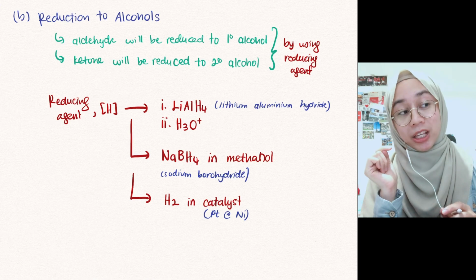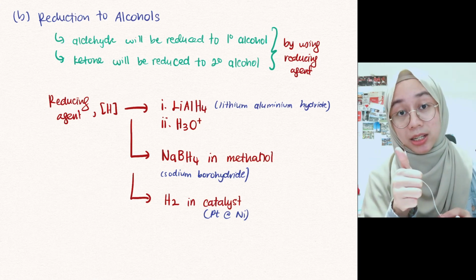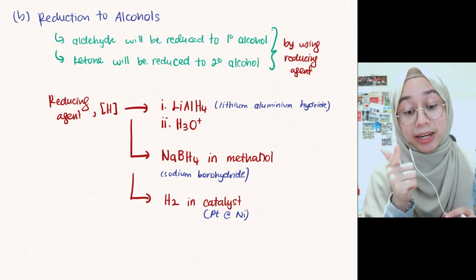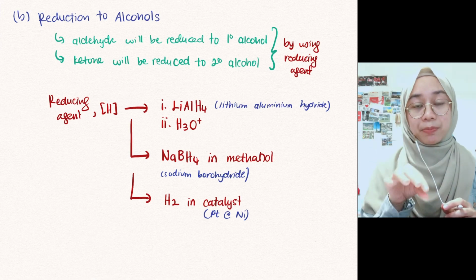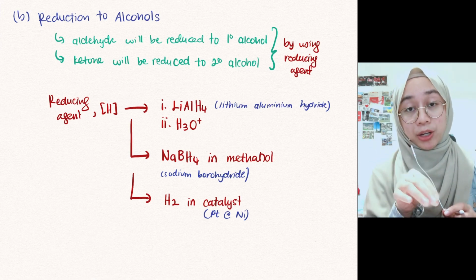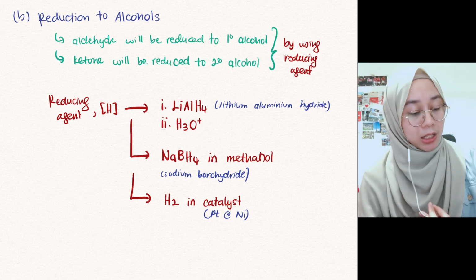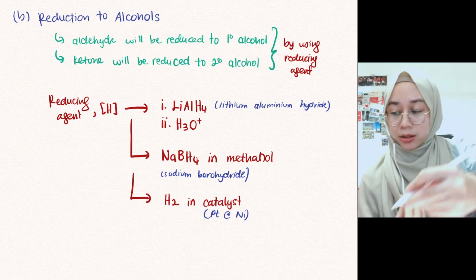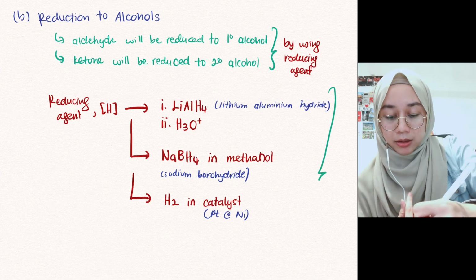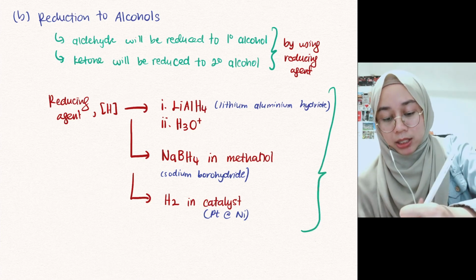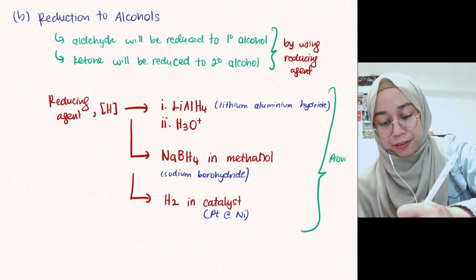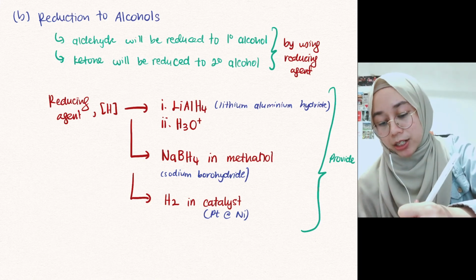Okay, so kita tambah balik dekat yang oksigen dengan carbonyl tu. So bermaksud untuk carbonyl ni kita tambah dekat C double bond O tu lah. Dekat situ kita akan tambah. Okay, so basically kita punya reducing agent ni, they provide hydrogen atoms.